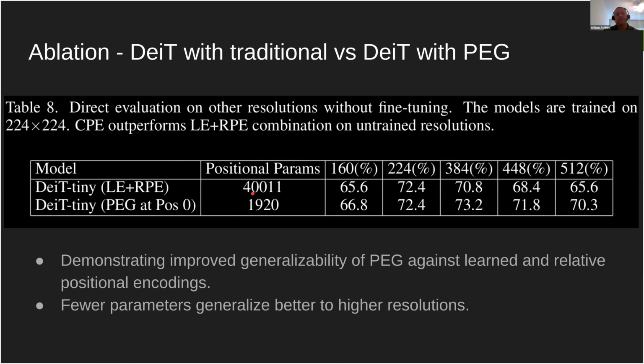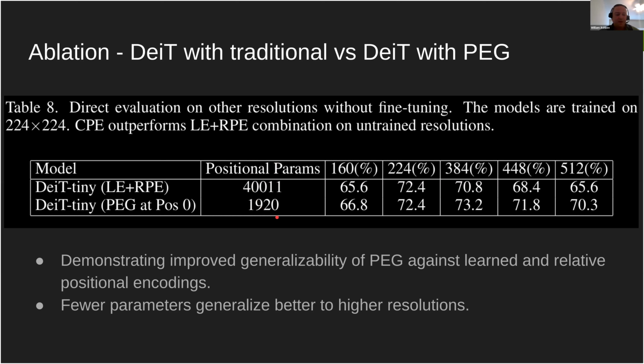But the number of positional params increases dramatically for the traditional encodings, but the performance is not increased in proportion to the number of parameters. My own work shows that the number of parameters is actually kind of a bad measure of a model size in terms of its performance, because while it might have a few parameters, there's broadcasting, so a lot of those parameters get copied, and so the GPU footprint's hard to tell from just this alone.